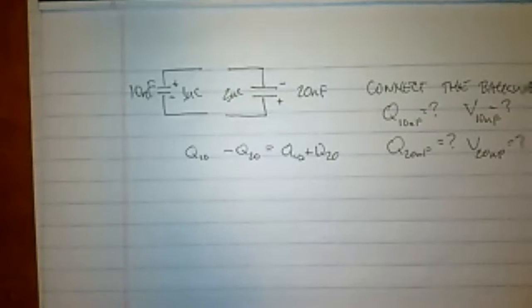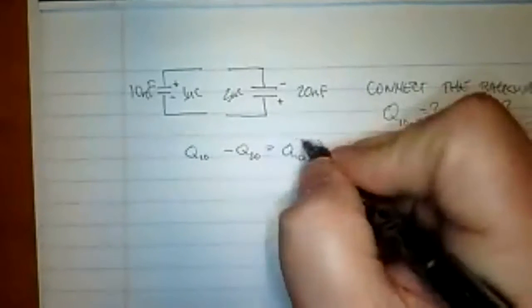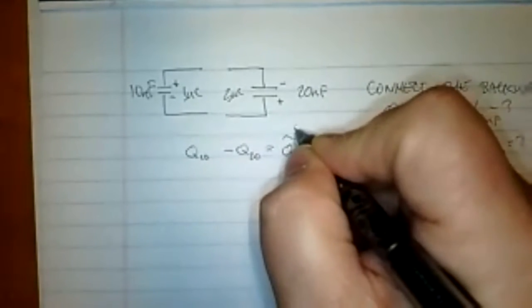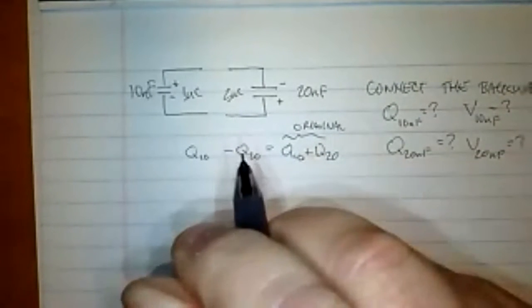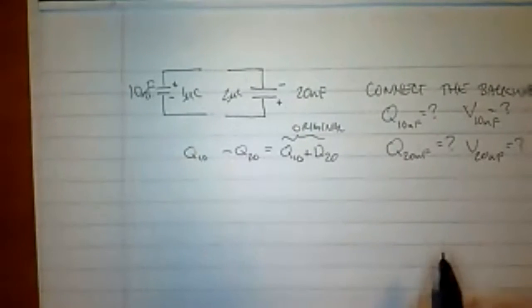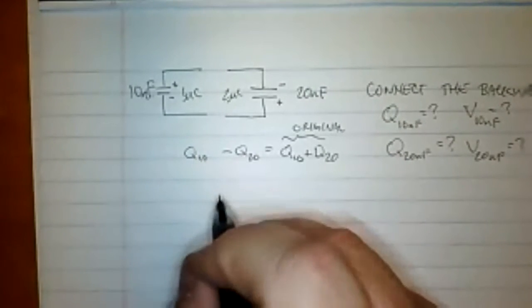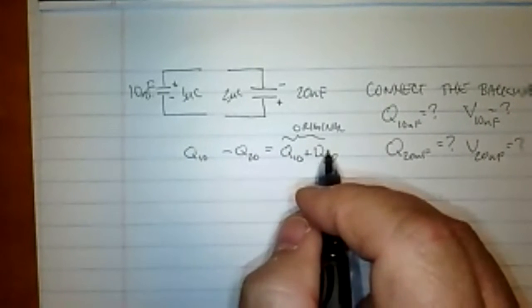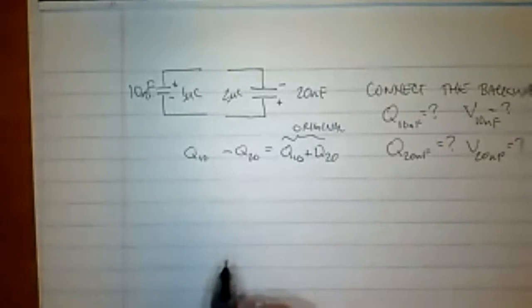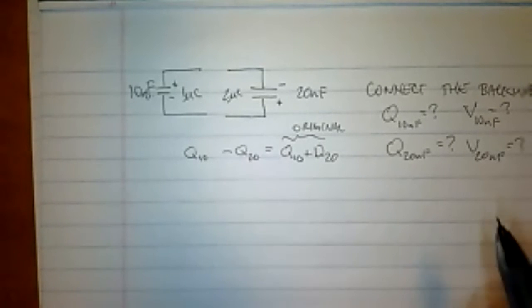This is the original, by the way. The voltages are now going to be the same, because they're now in parallel. So these are the original charges, for the 10 nanofarad and the 20 nanofarad capacitors, and what I want to find out is what the new charges, Q10 and Q20, would be.